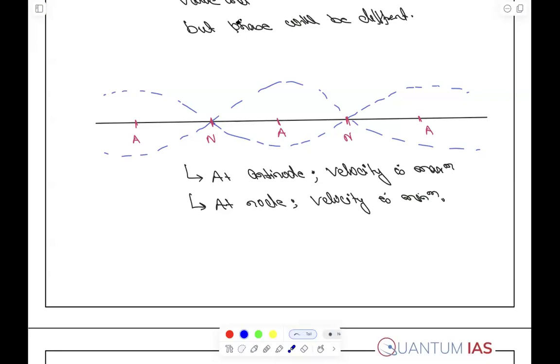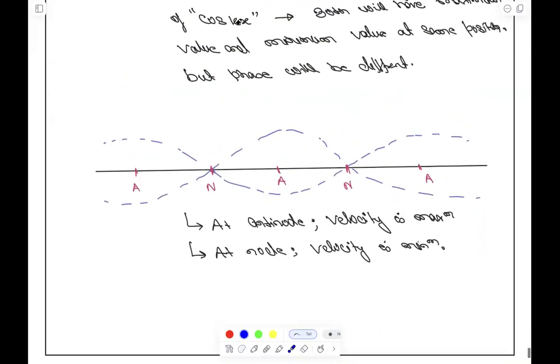Okay. So what I will be doing now, I will be showing you the pressure wave here.